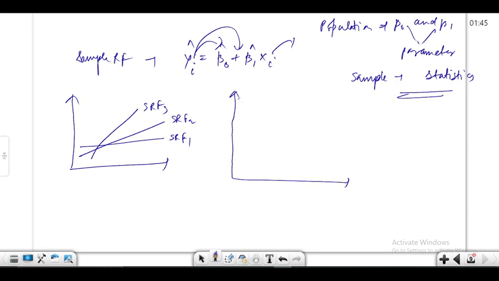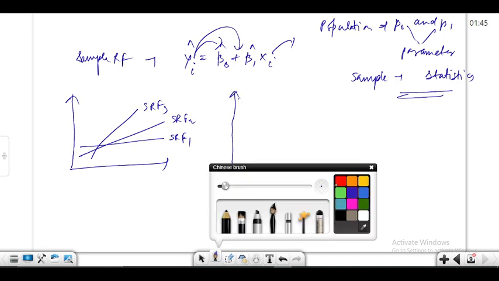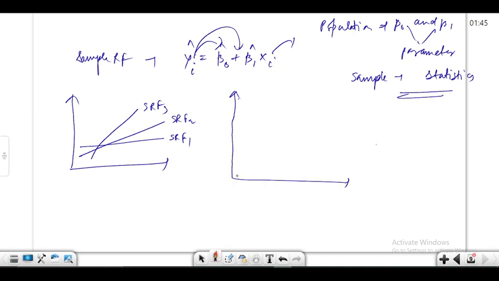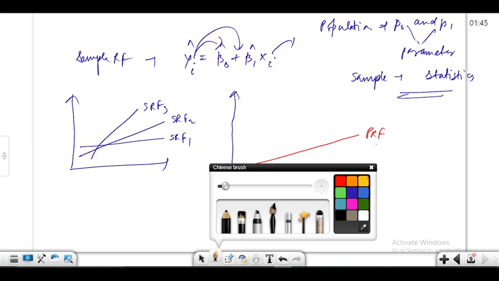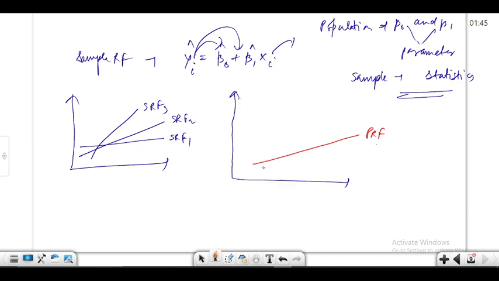Suppose this is your population regression line, and this is your sample regression line. What is happening here?